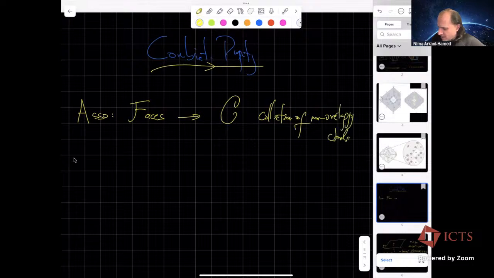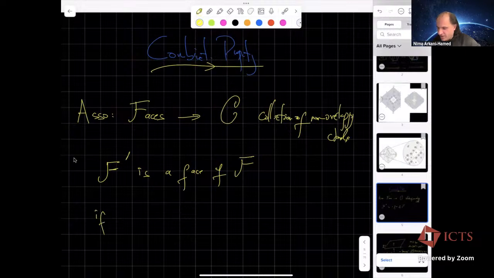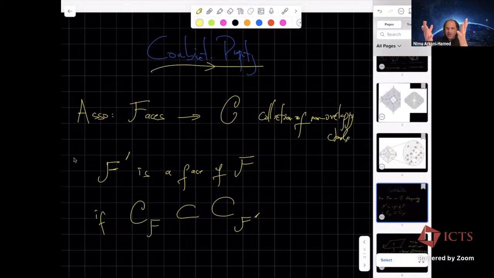The idea is that F prime is a face of F if the collection that goes along with F is literally a subset of the collection that goes along with F prime. That's just the statement that the collection of chords for F prime is a refinement of the collection of chords for F. You just add more of them together. So that's what the Associahedron is.